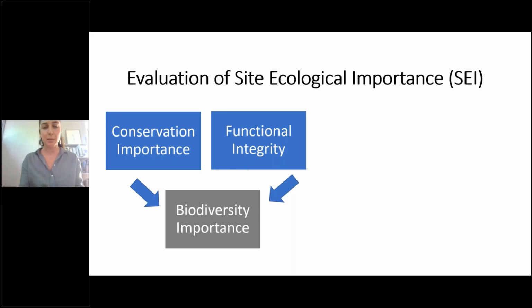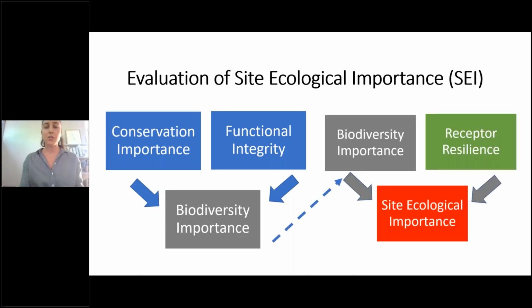And together that makes up the biodiversity importance. And then we combine that, the biodiversity importance, with the receptor resilience. So how resilient is the impact receptor to the activity that will happen on that site? And then that gets combined to identify the site ecological importance.